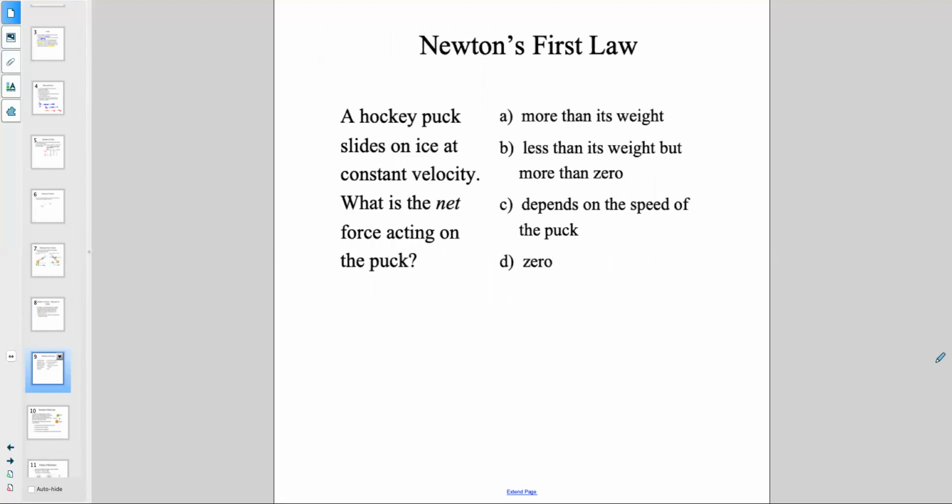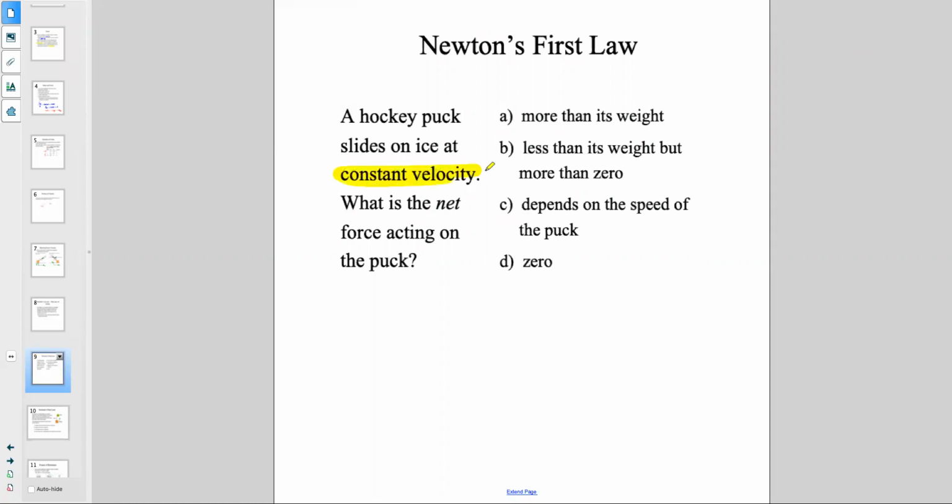So Newton's first law. A hockey puck slides on ice at constant velocity. What is the net force acting on the puck? Okay, what's the net force? So what we know is that it is going with a constant velocity. Let me actually go ahead for a second and highlight that because it is important.